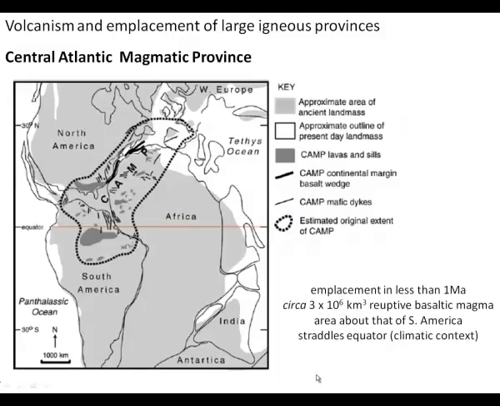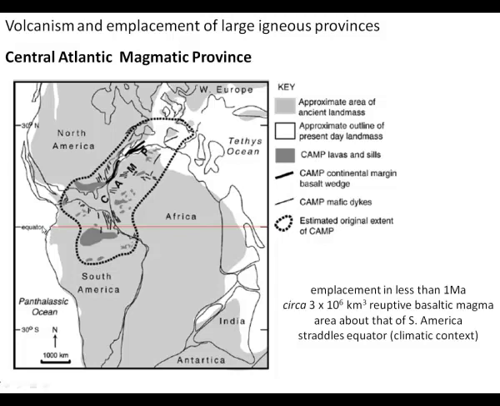So here's the large igneous province known as the Central Atlantic magmatic province. You can see that in terms of its area, it had originally been something equivalent to about the size of South America today. There's an idea of how much basalt magma was erupted in, amazingly, less than 1 million years.